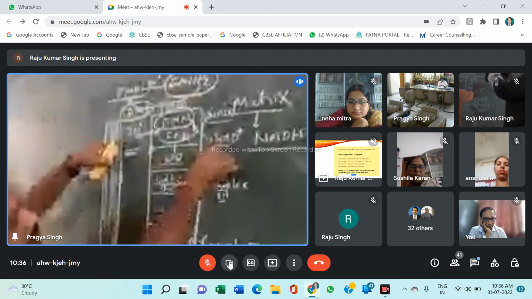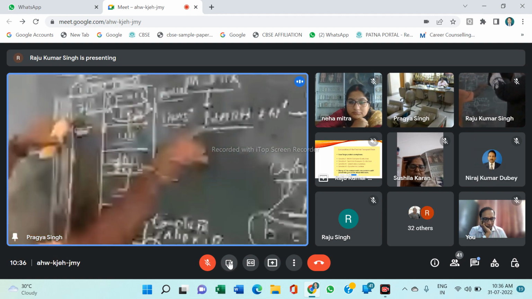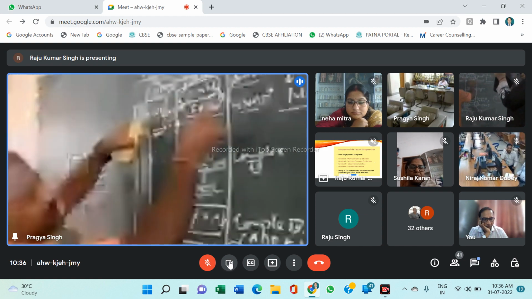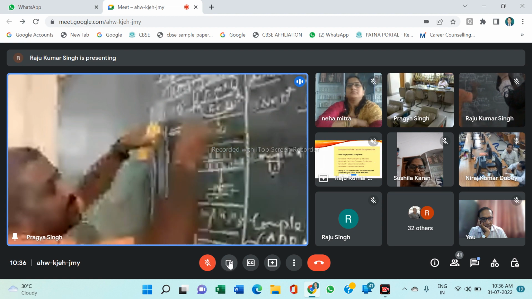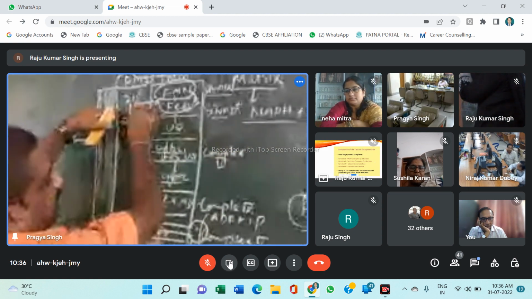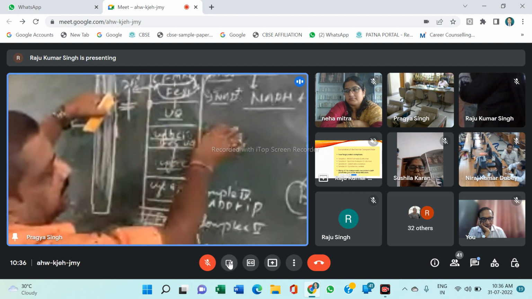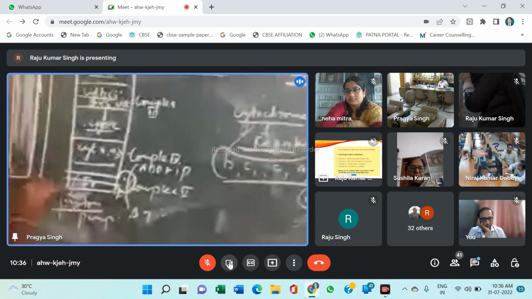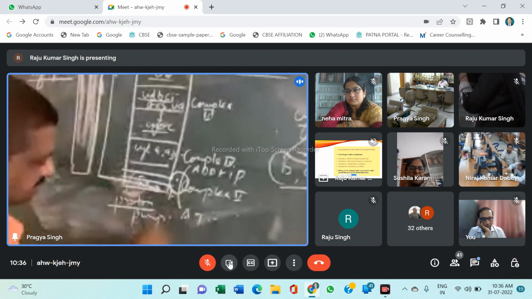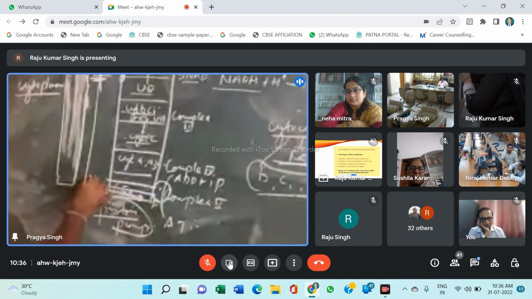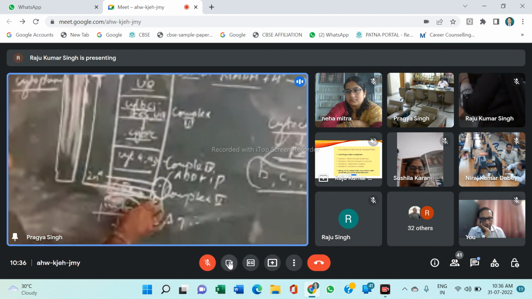So as the protons are being pumped from the matrix, there is a difference in the proton gradient. Now again they will be pumped back to the matrix. Suppose this proton is being pumped through this proton pump, that is your oxysome particle.